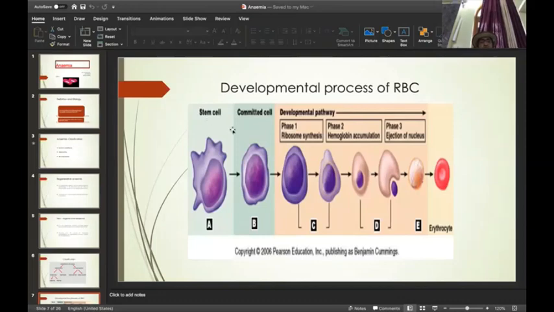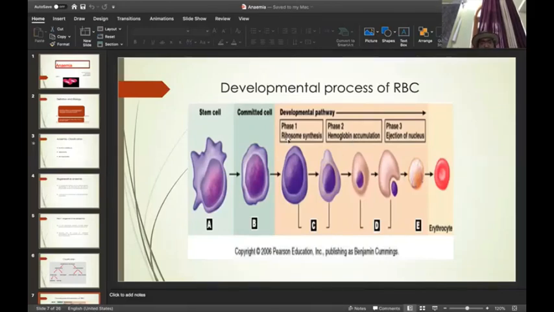So inside the bone marrow, these stem cells are present, and by the message of the loss of the RBC coming from the other region, they start producing a large number of RBC. They have to produce. But sometimes if there is any problem in this pathway, for example, if the erythropoietin coming from the kidney is not acting on this, and even in this cascade, there is a role of corticosteroid also.